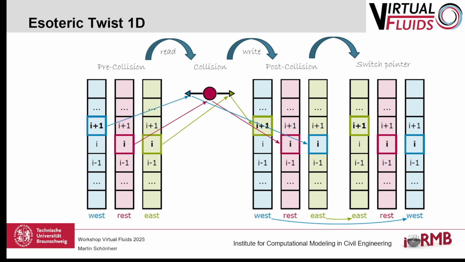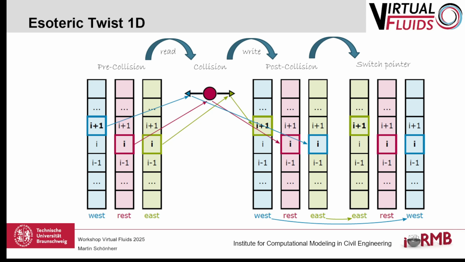Then we take the rest term at I, so at our index, the east, which is probably in the plus direction, so this is esoteric twist plus, I would call it. I don't know if I'm allowed, but we take the east also at I and the west population at I plus 1. Then we have our collision, and then we write it back in a way that we take this east distribution after the collision to the west array at I plus 1, because this place is free.